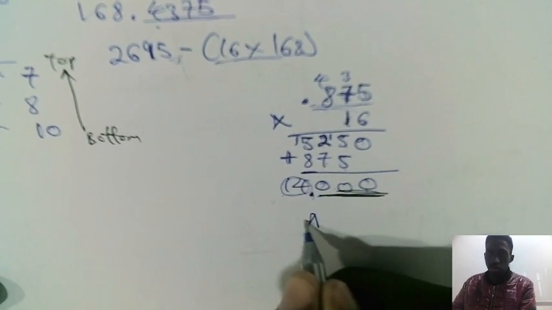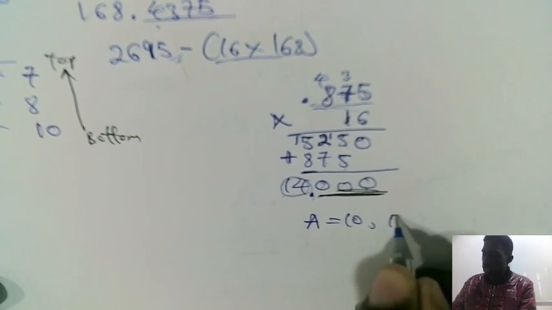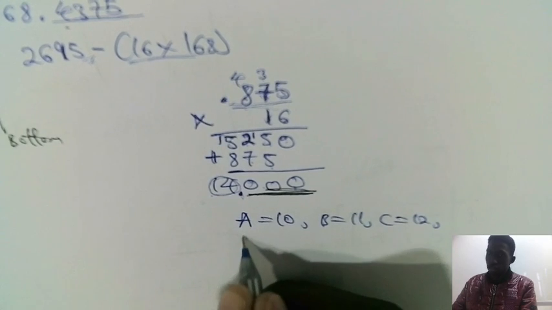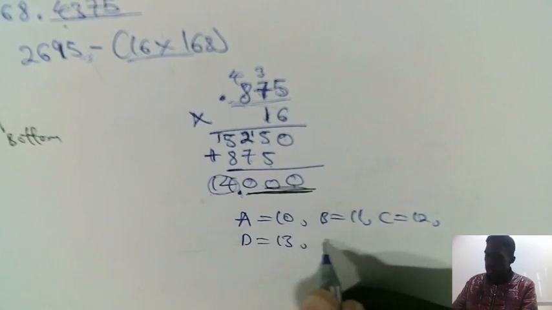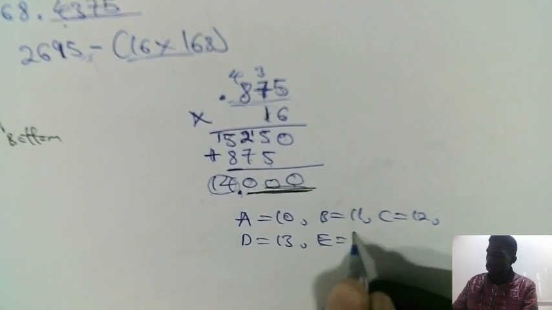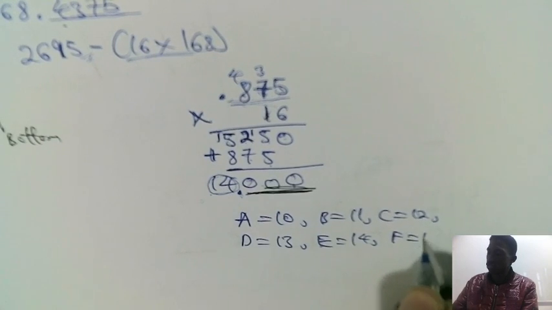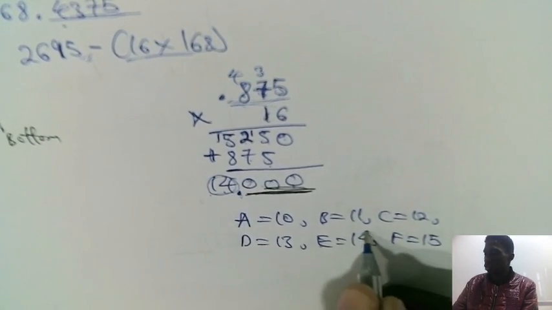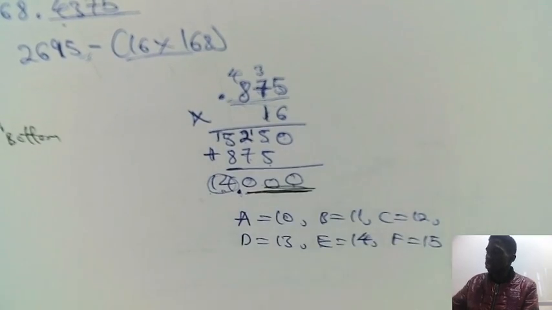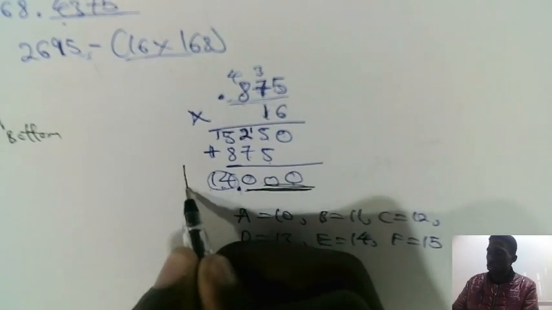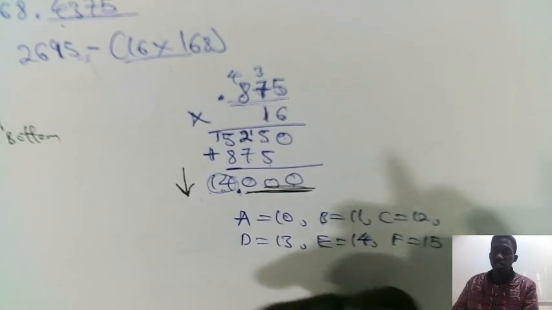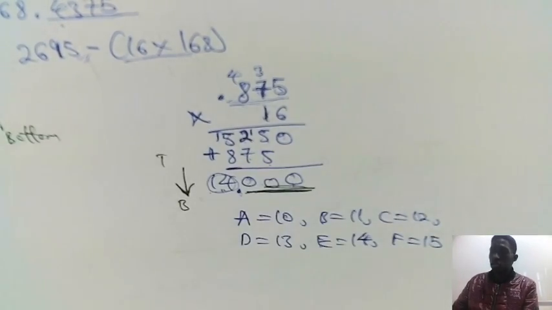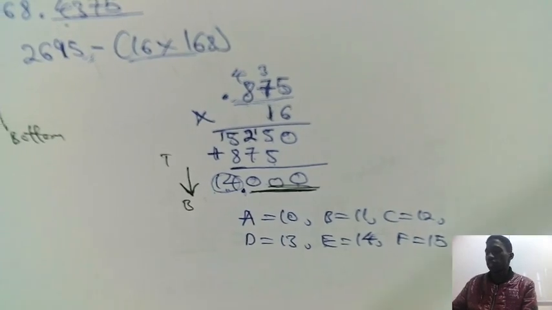You know that A is equal to 10, B is 11, C is 12, D is 13, E is 14, and F is 15. So this 14 here means E. So we are reading from top to bottom, but there's only 1 digit E, so it doesn't really matter.